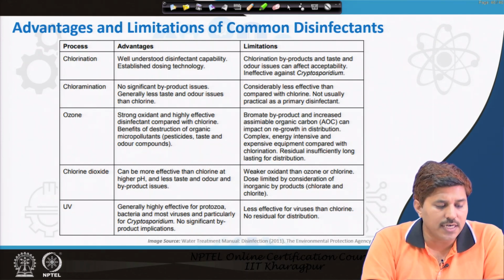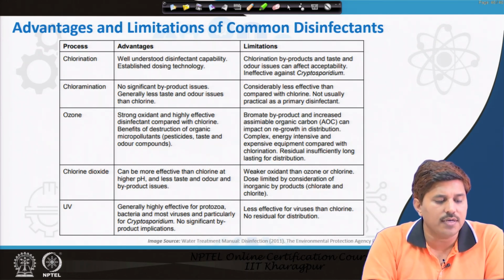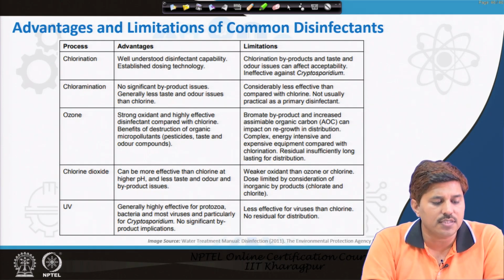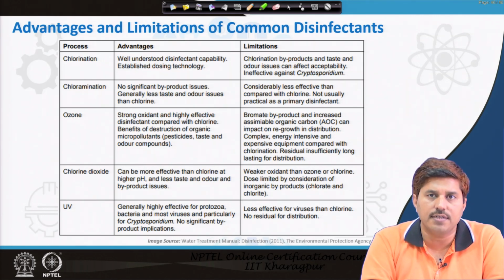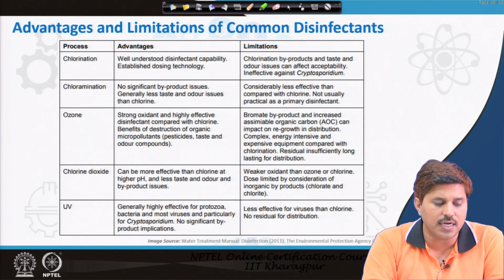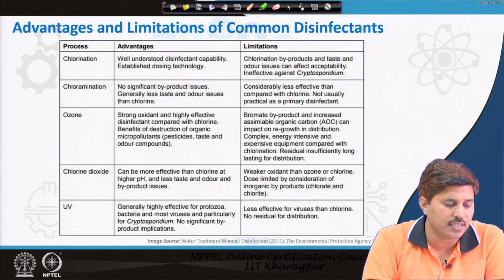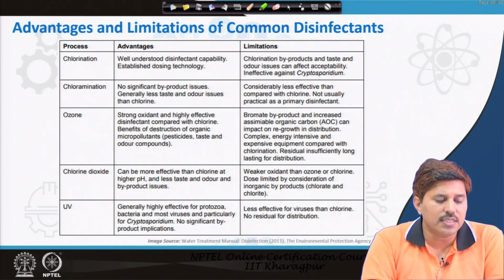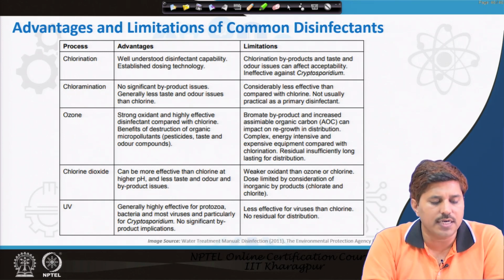Then chlorine dioxide is again more effective than chlorine, typically at higher pH, and has fewer taste and odor issues and fewer byproduct issues, whereas again on the flip side, it is costly, needs great technical expertise, and comes with a risk as well. And UV, as we just discussed, okay, is very effective, especially against cryptosporidium and Giardia kind of organisms.